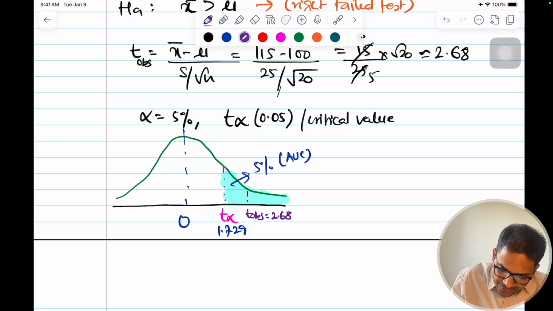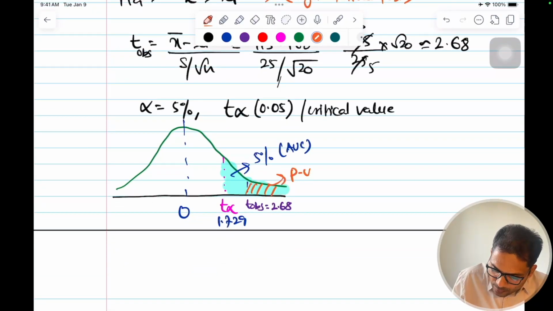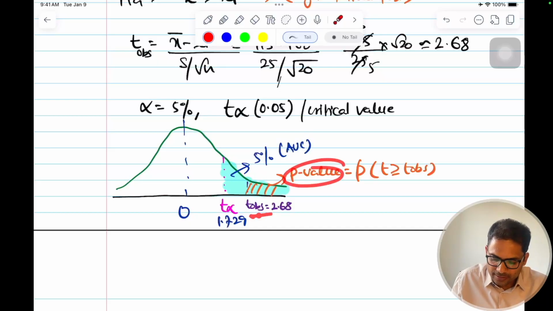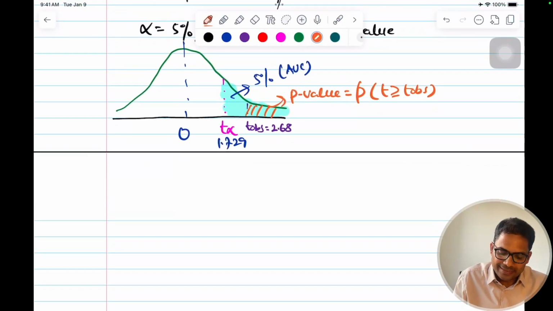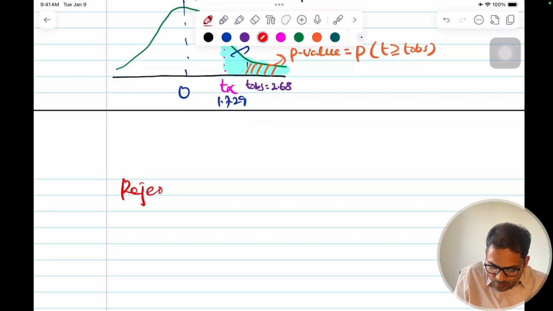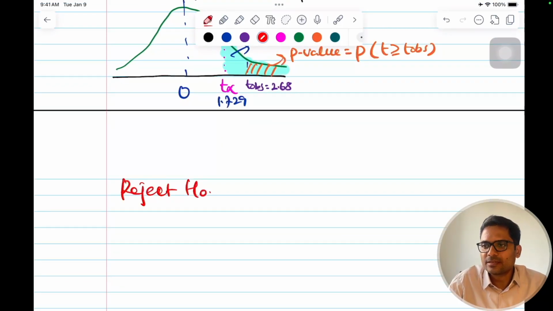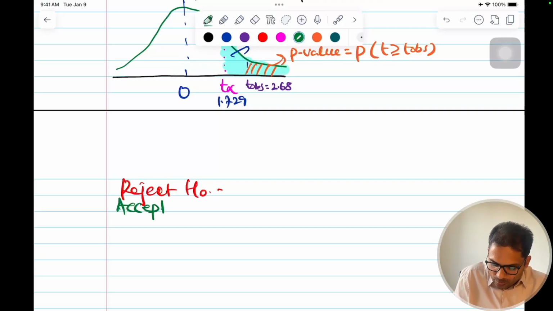So the area under this is definitely, so this will be my p-value, that is equal to the probability of seeing any t greater than or equal to t observed. So my p-value will be less than 5% definitely, because the area under the curve will be less than this. So we reject the null hypothesis. Finally the conclusion: we reject the null hypothesis and accept the alternate hypothesis.